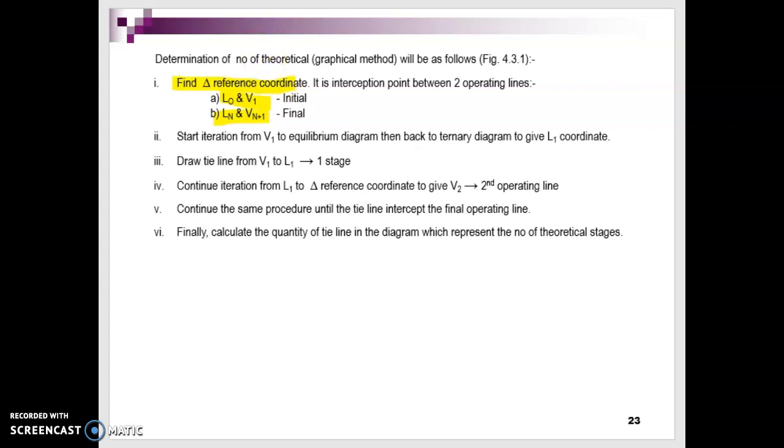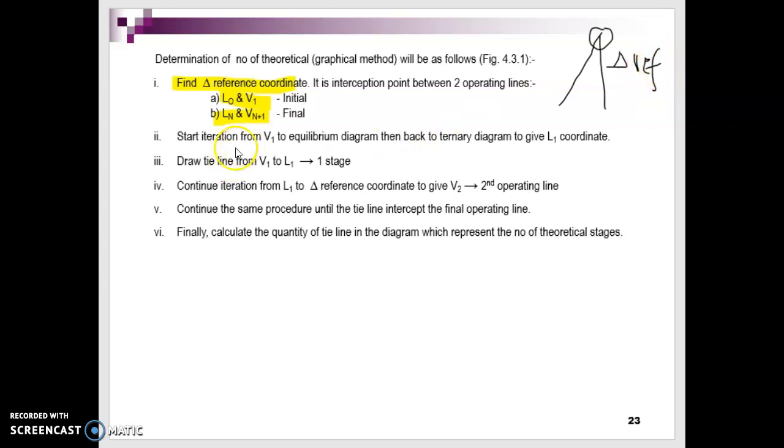So it will give you the line, so I'm going to erase first. So this line will meet at the end point. So this is how we put the reference point.